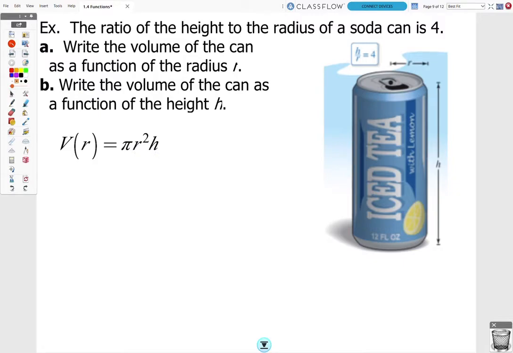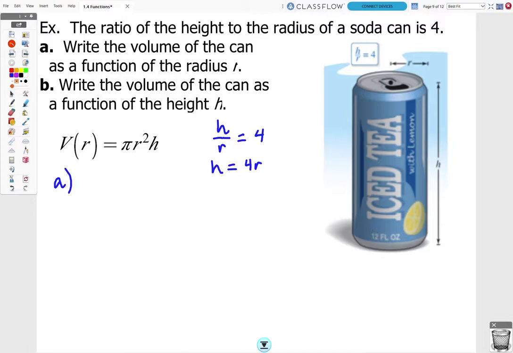But for the volume in terms of r for part A, we're going to take h out of this equation. Now they told us right here that the ratio of the height to the radius is 4. That means, as it says, h over r, this ratio here is equal to 4. That means that h is equal to 4 times r.